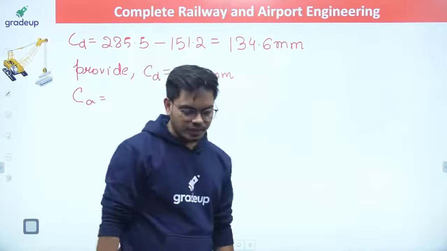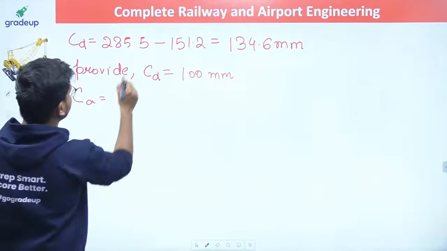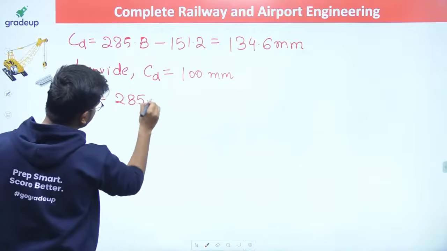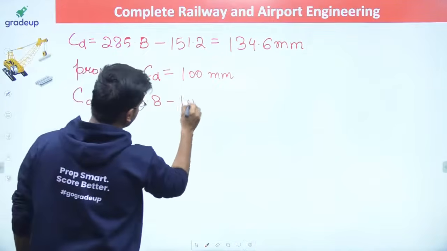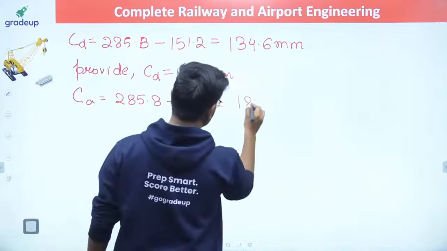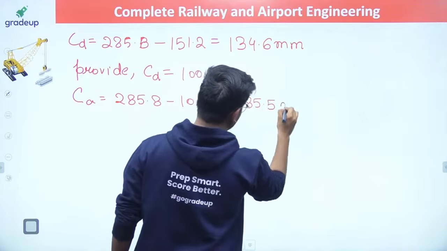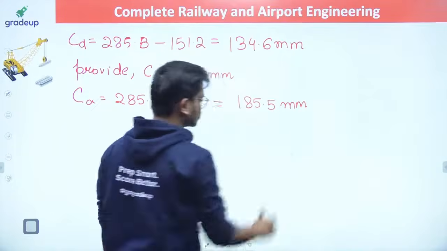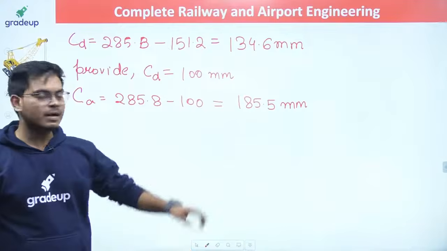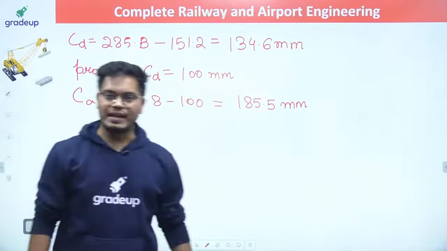It will be 285.8 minus 100, and how much is this? 185.8. 185.8 mm is the actual CANT. So when I provide 185.8 mm, I can get 100 mm of CANT deficiency.